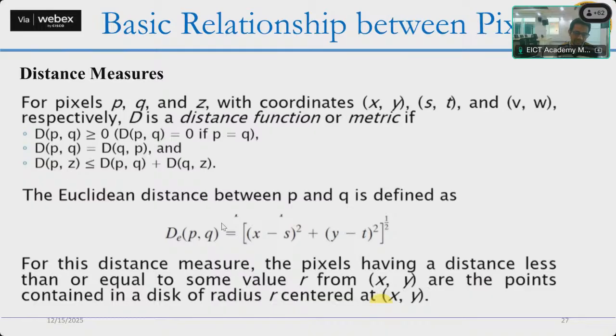Again, see, as we defined, the first coordinate denotes the x coordinate and the second one the y coordinate. So the actual distance will be given by the square root of the squared differences between the x coordinates and the y coordinates. So with this distance measure, we can differentiate the neighborhood of the pixels with the help of the distance. Is it understood?